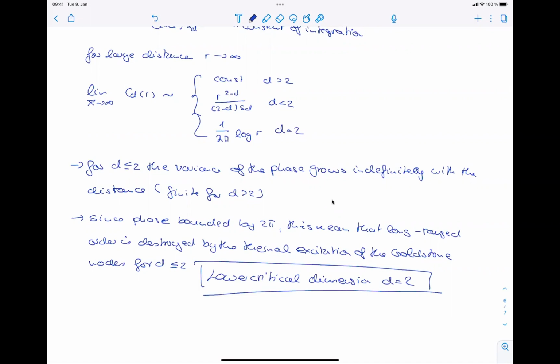Yes, question. I mean, so how I remember it was that the correlation can be written like e to the minus r over the correlation length. So if the correlation grows with the distance, then I somehow interpret it as a negative correlation length. I mean, it's not even exponential here, so I'm kind of confused how this interpretation comes into place.